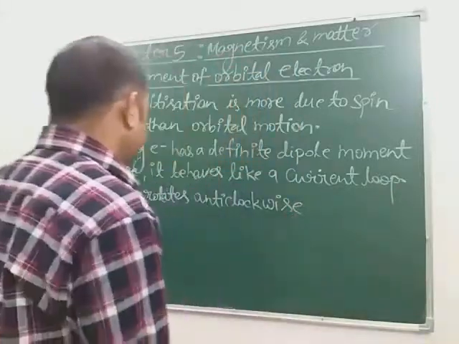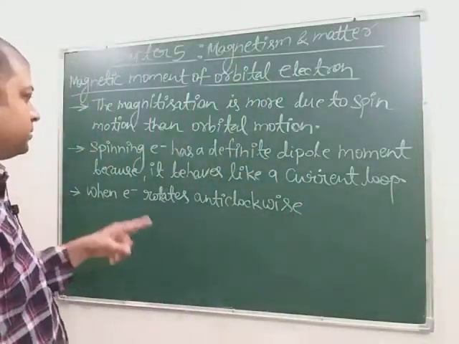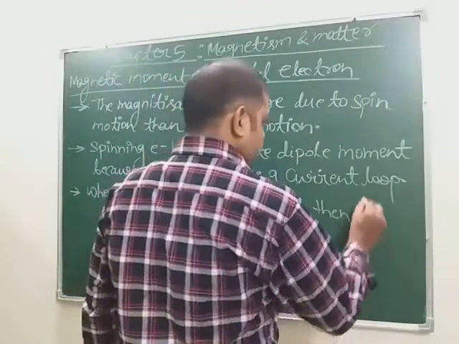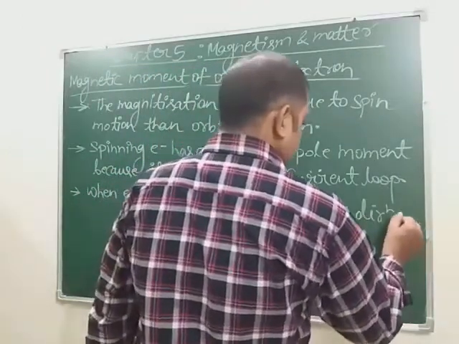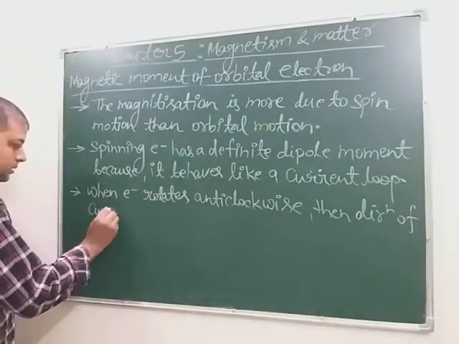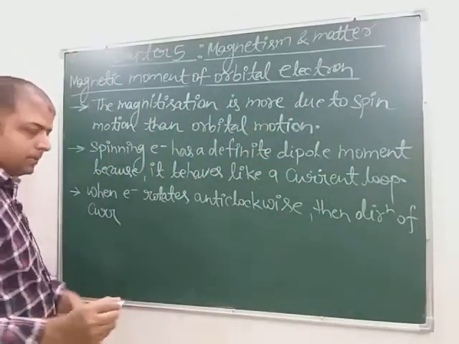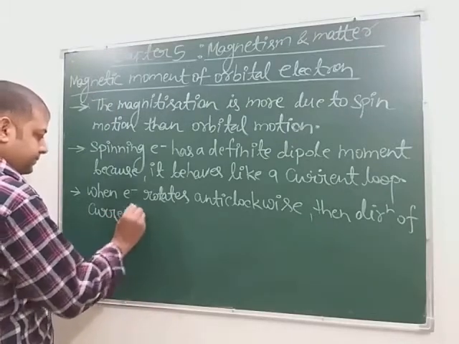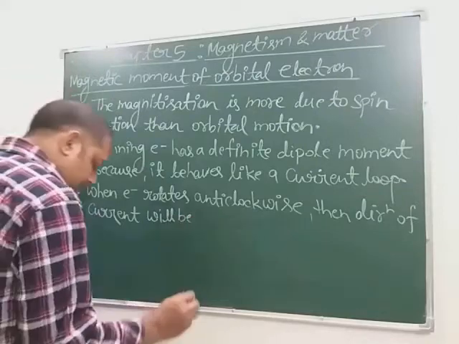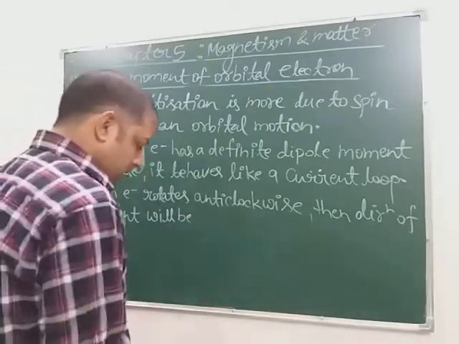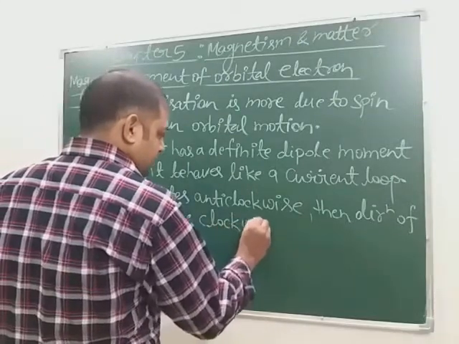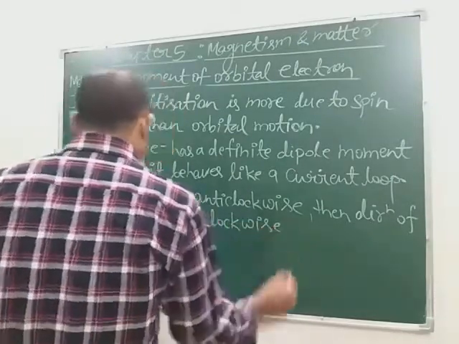So we can write here, when the electron rotates anti-clockwise, then the direction of current will be clockwise.